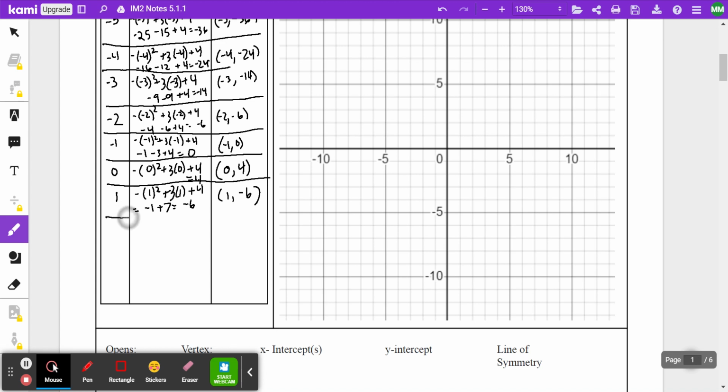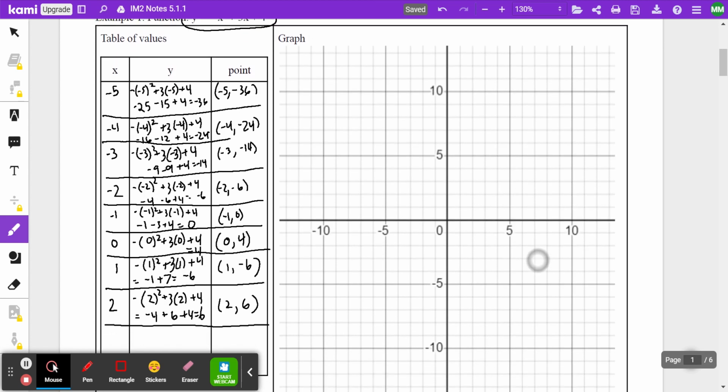Okay. 2, negative of 2 squared plus 3 times 2 plus 4 is negative 4 plus 6 plus 4, that's 6. So the point 2 comma positive 6 is on my graph. I'm going to start plotting these.